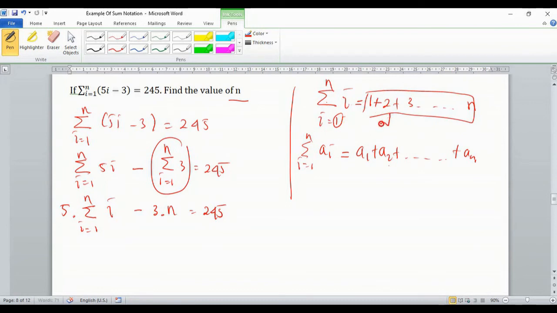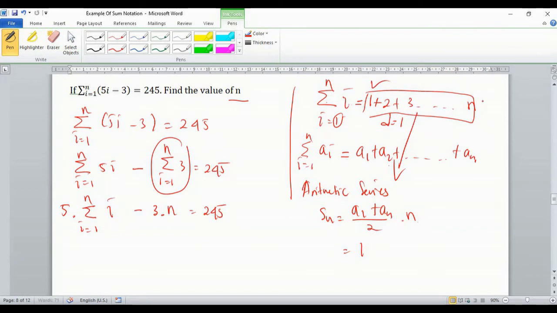Remember, because the difference is 1, you can use the sum of an arithmetic series, everyone. The arithmetic series, from the definition, is Sn equals the first term plus the nth term, divided by 2, times n. The first term is 1.